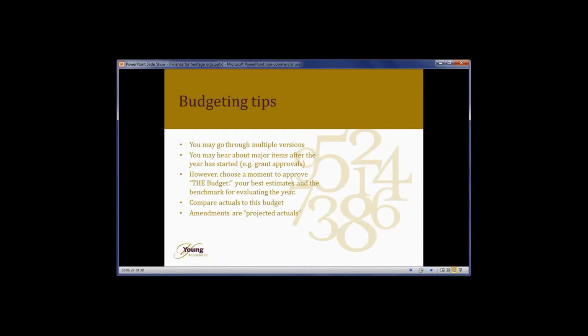So my recommendation would be to have a plan that is the plan for the year, not to say that that plan isn't going to evolve as the year progresses, but to choose something that will act as a benchmark so that when you're looking back on the year, you can say, well, at the outset, here's what we thought would happen. And then you can look at what actually did happen with reference to that initial plan.